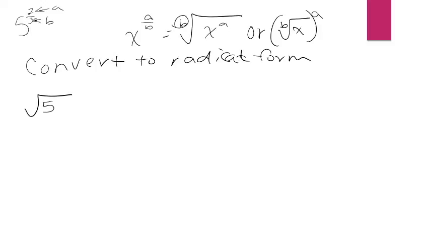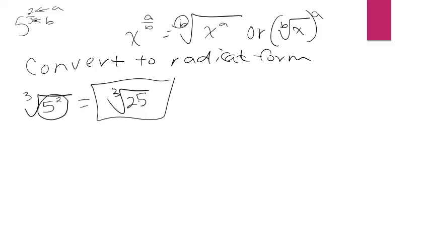Notice our b goes on the outside, and our a goes on the inside. So then we can simplify this to be the cube root of 25, because 5 squared is 25. And the cube root of 25, we cannot simplify it. There is no perfect cube. So this is our answer.